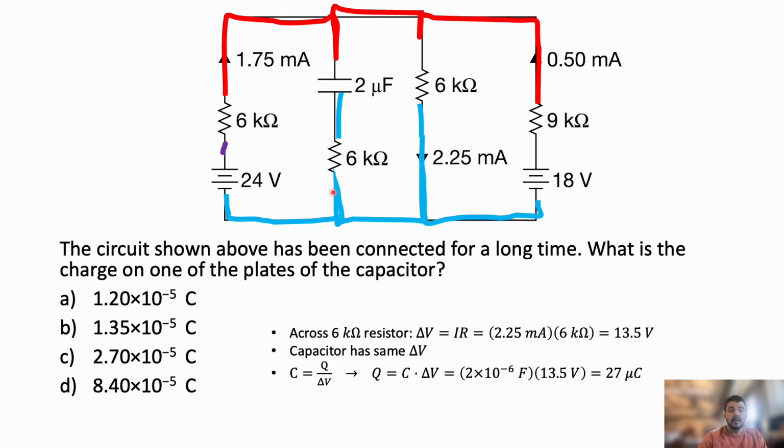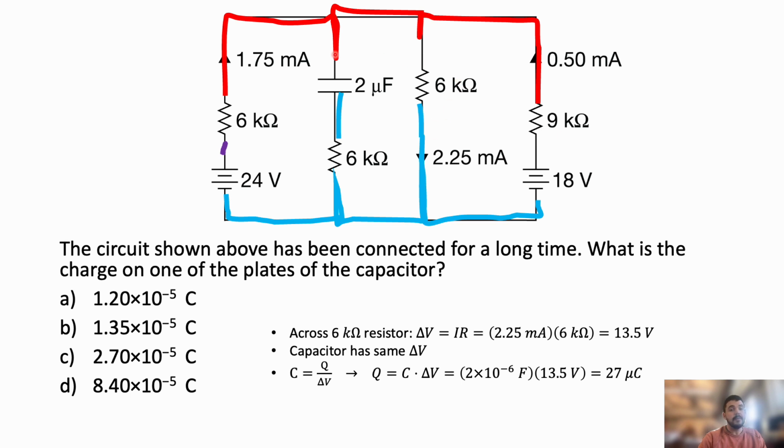So now we can look at this 6 kilo ohm resistor and say, we know this resistance, we know this current, we can find out the potential difference between red and blue. So take your 2.25 milliamps times your 6 kilo ohms, you end up at 13.5 volts. So the difference between red and blue is 13.5 volts.